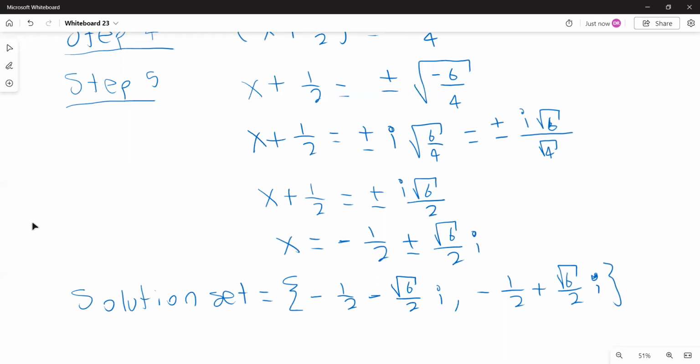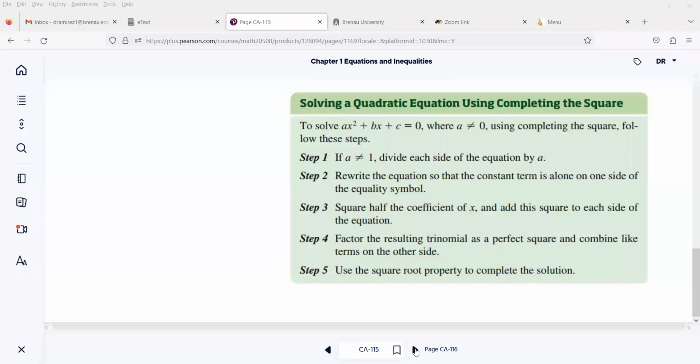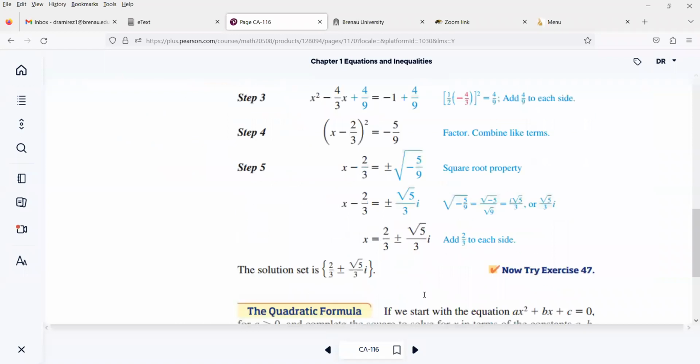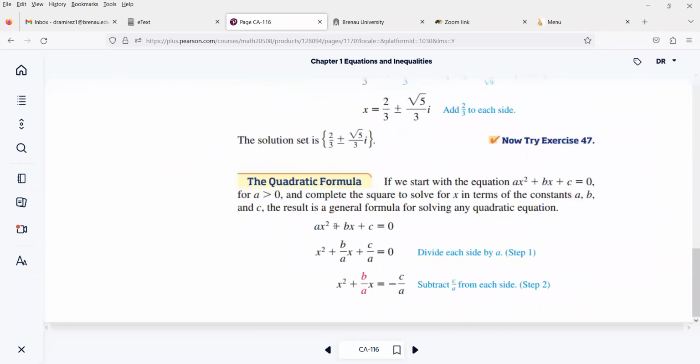And finally, the fourth method is the quadratic formula. I'm not going to prove it, but we obtain the quadratic formula by completing the square. As you can see, if the leading coefficient is not 1, we make the leading coefficient equal to 1.